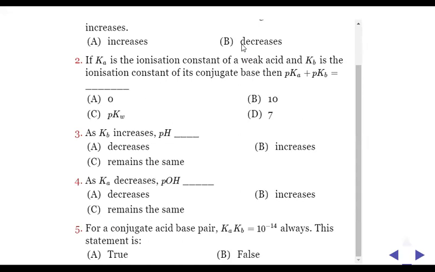Next, fifth one, last one. For conjugate acid base pair, Ka into Kb is equal to 10 to the power minus 14 always. Is this statement true or false?